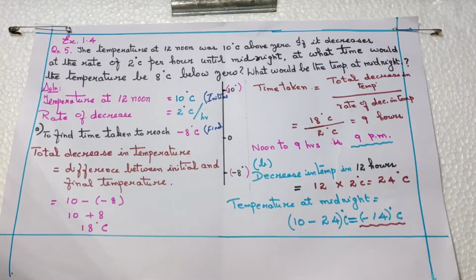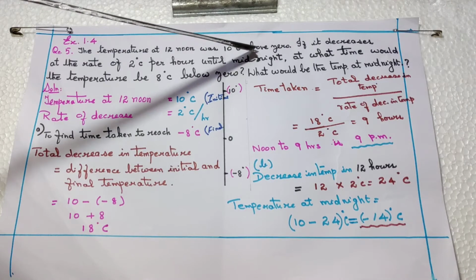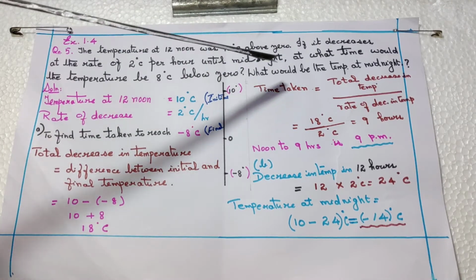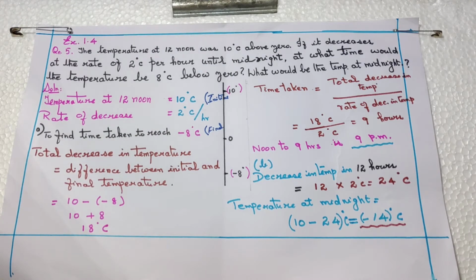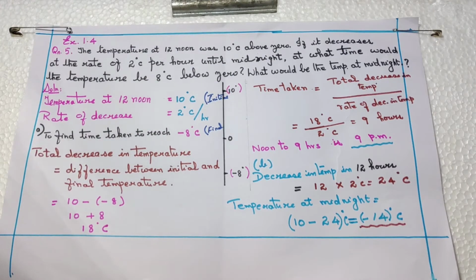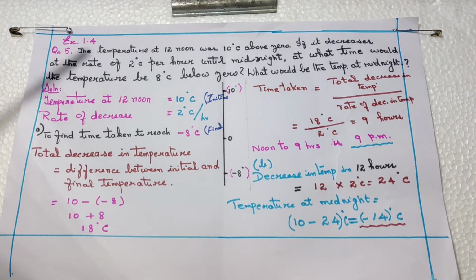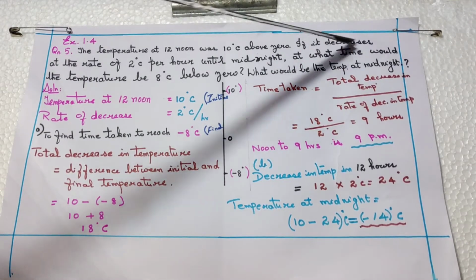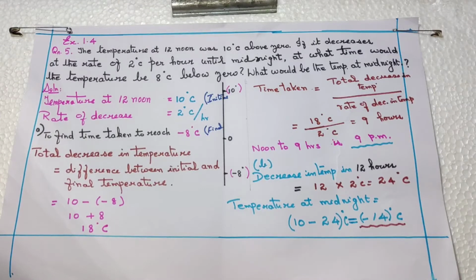Children, here they used two different concepts. One is above zero here, and here it is below zero. Above zero is positive, below zero is negative. Now, the temperature at 12 noon, at 12 o'clock, is 10 degrees Celsius, that is given. And the temperature starts decreasing at the rate of 2 degrees Celsius per hour.